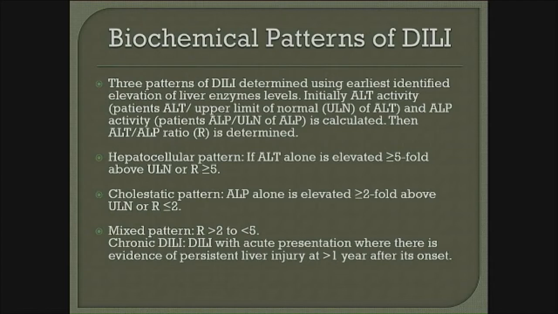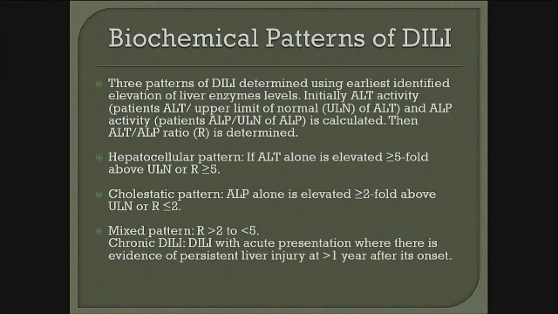So the pattern is hepatocellular if ALT alone is elevated more than 5-fold above upper limit of normal, or the R ratio is more than 5.